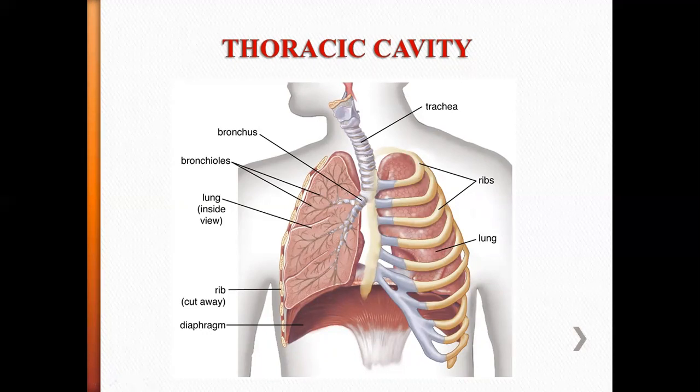You can easily remember that we have 12 thoracic vertebrae and 12 ribs, and anteriorly they connect to the sternum.